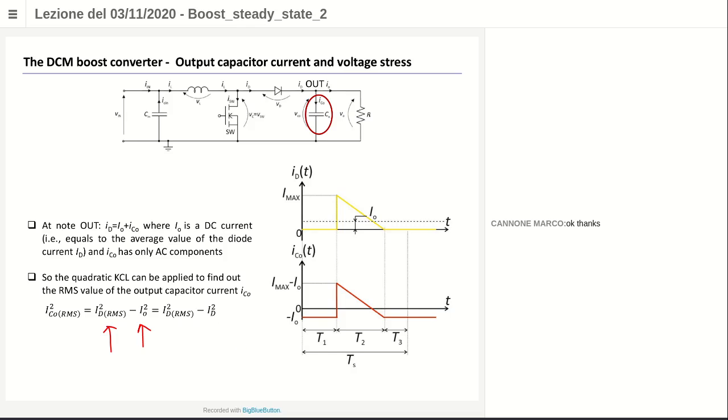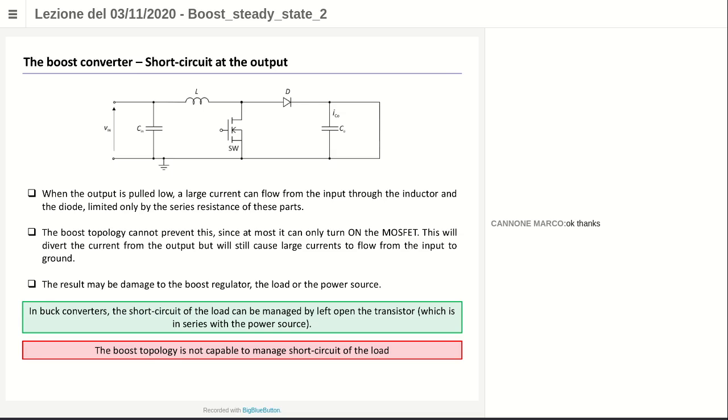Okay, so let's continue this discussion by having some specific considerations about the behavior of the boost in specific conditions and situations. The first of these specific operating conditions is what happens to the boost when you have a short circuit at the output.